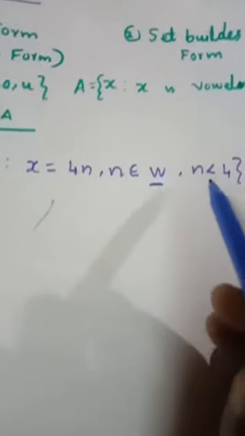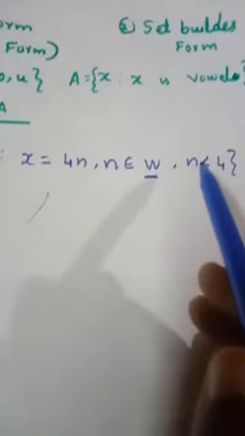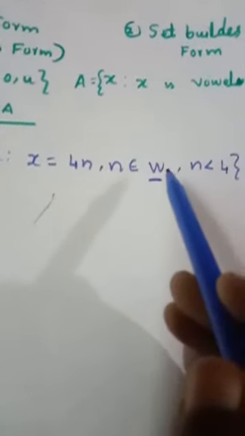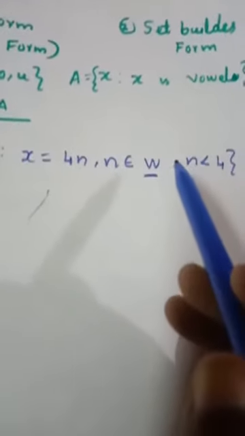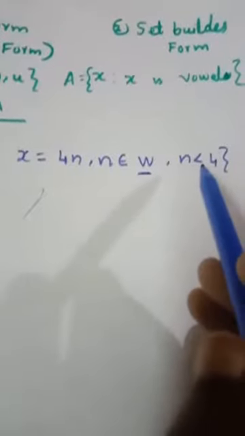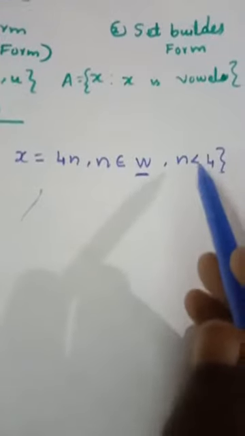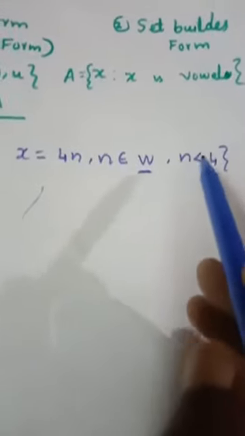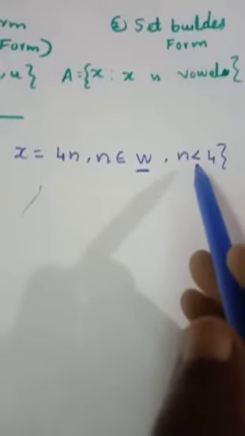And this n is less than 4. So which numbers are less than 4? 0, 1, 2, 3. 4 is not included. If it were less than or equal to, then 4 would be included, but here it is only less than.